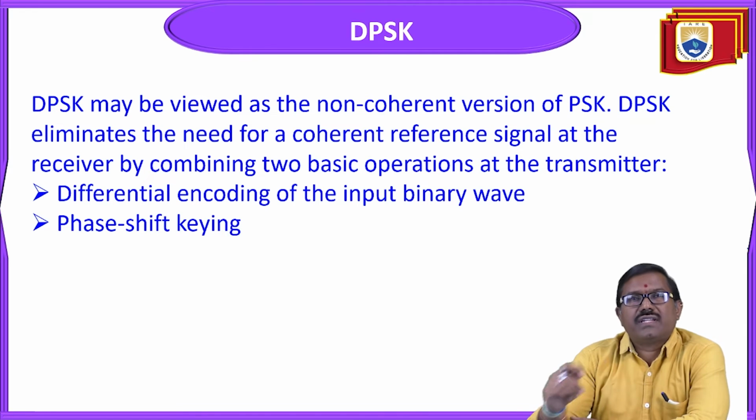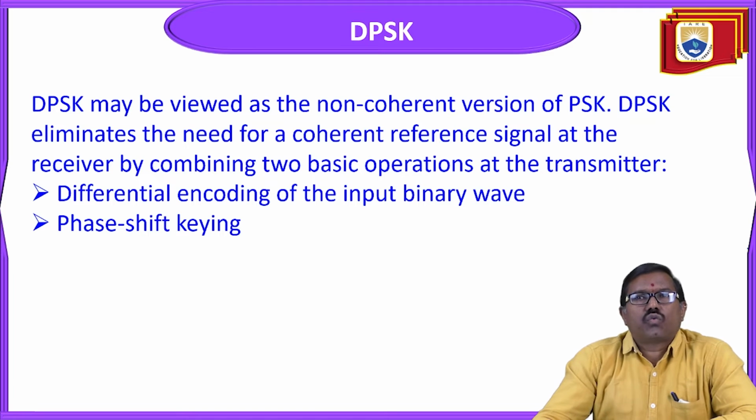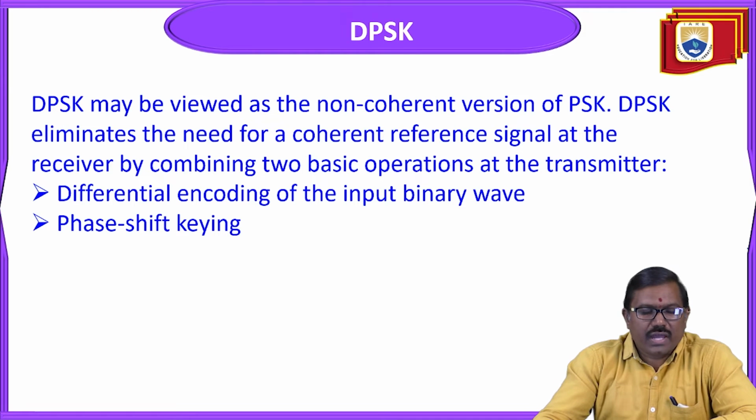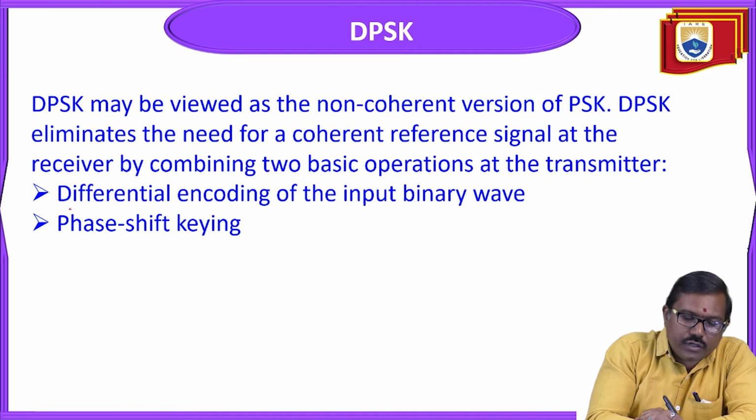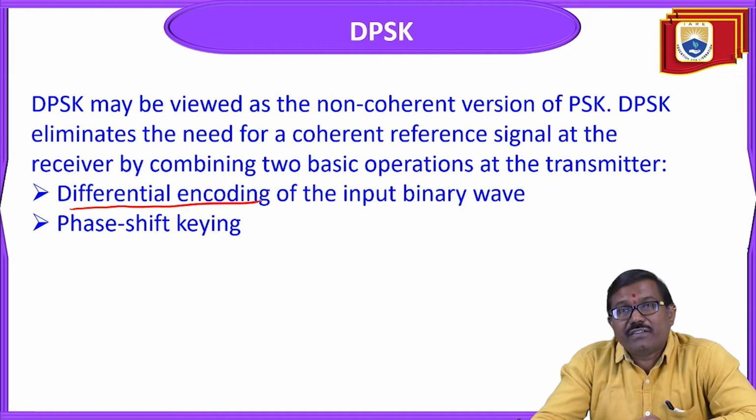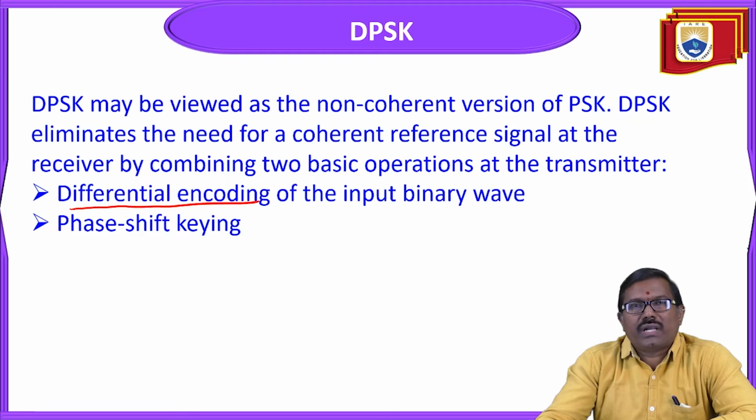So DPSK eliminates the need for a coherent reference signal at the receiver by combining two basic operations at the transmitter. So what are the two operations? Differential encoding of the input binary wave, and phase shift keying. That means first it does differential encoding of the input binary wave. This differential encoding is very important from the exam point of view also.